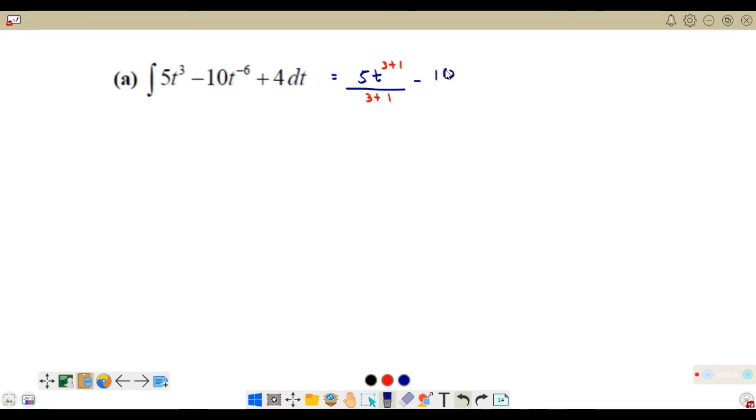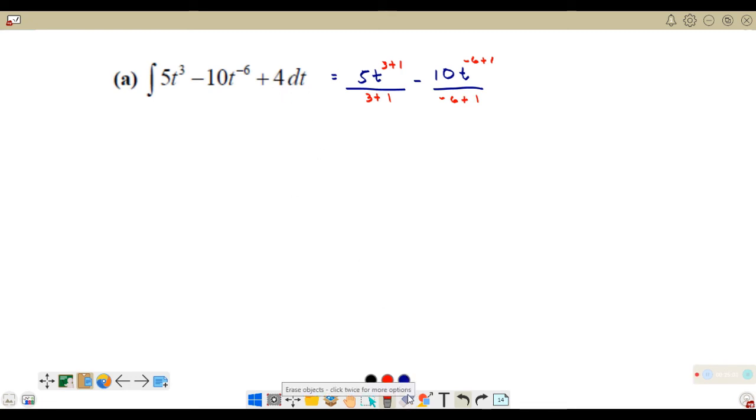So, we have 10t raised to the negative 6. Baka ma-confuse, but negative 6 to. Kahit negative 6 pa yan, you have to add 1 to the power. So, negative 6 plus 1. Denominator natin is negative 6 plus 1 pa rin. And finally, meron tayong constant dito na 4.